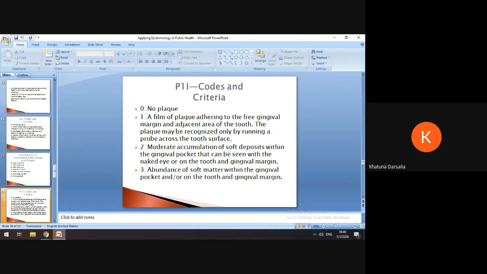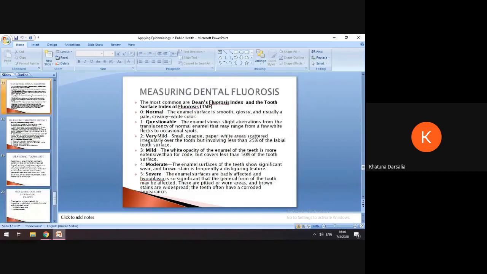Three such obsolete indices are the periodontal index, PI, periodontal disease index, PDI, and the papillary marginal gingival PMI index, although they may still be included in some dental hygiene textbooks.